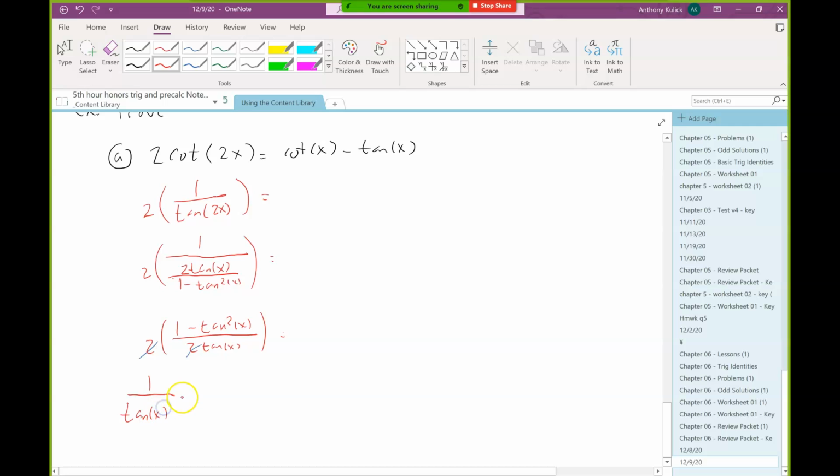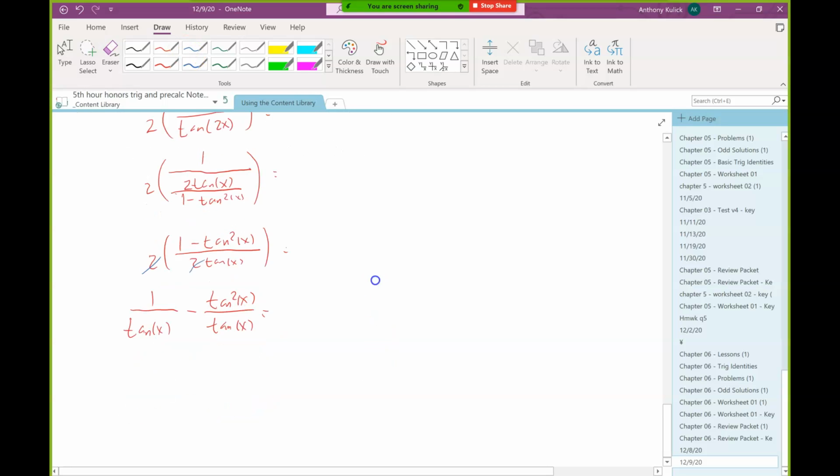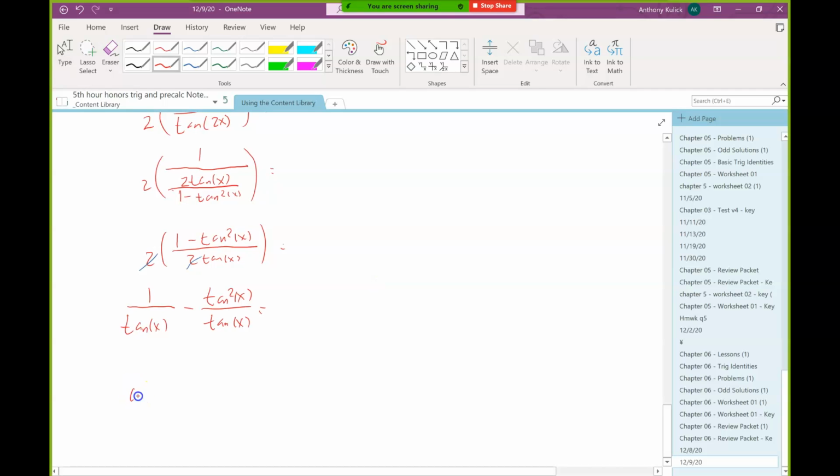So I can write as 1 over tan x minus tan x over tan x. 1 over tan x is cotangent. And then the other one can reduce, so I'm left with just the tangent, which is exactly what I was looking for. So I'm done.